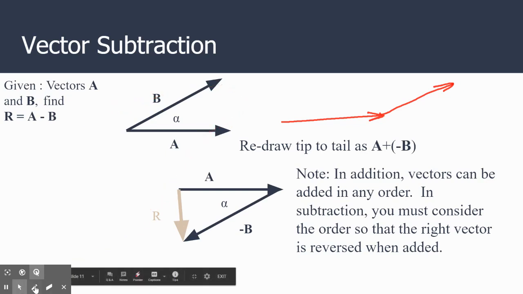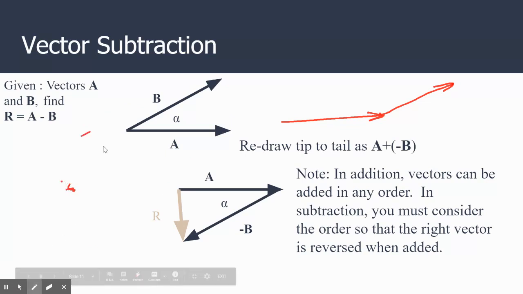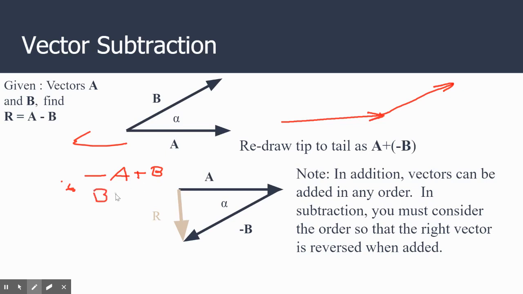Well, because essentially, if you reverse A, you're saying negative A plus B, which is the same thing as B minus A. And that is not the same expression as this. Okay, that's not the same thing. So order matters. Remember the order when you're subtracting vectors.